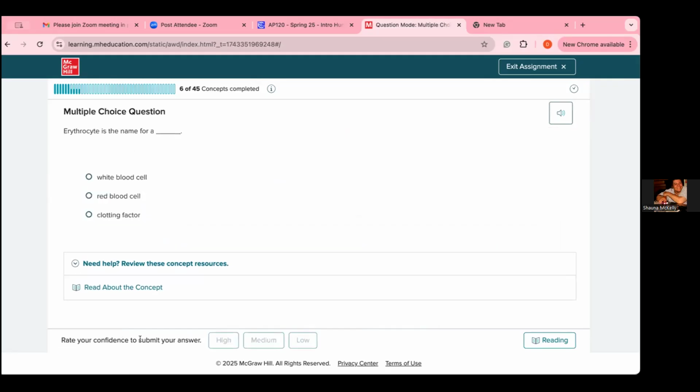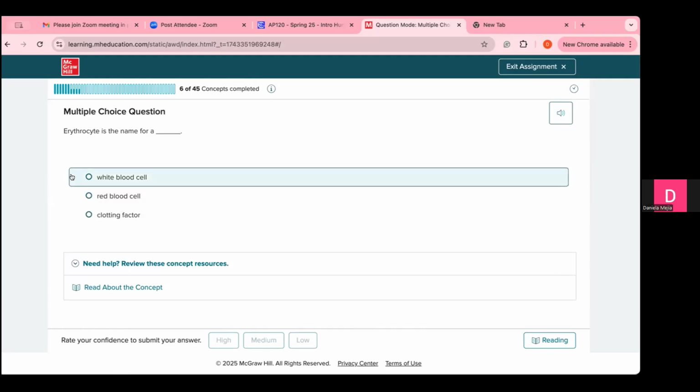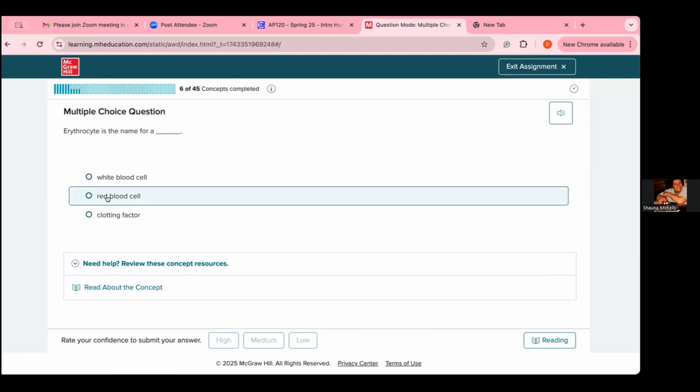Okay, erythrocyte is the name for a, you should know this one. Then go to white blood cells. It's red. Red.